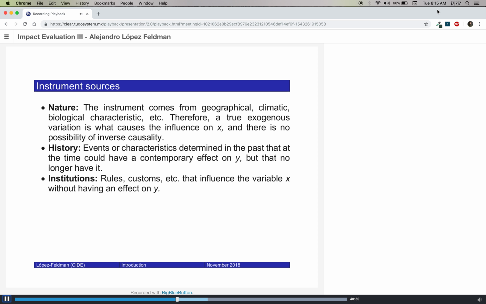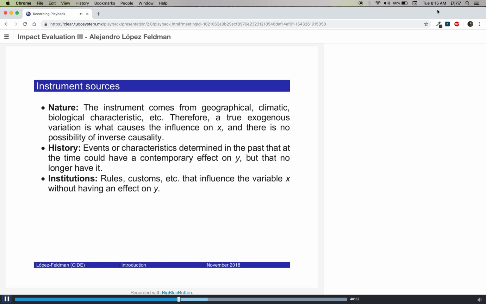This is a relationship of history and nature, because the biophysical characteristics of the land allow sowing specific crops. And also we have this historic aspect. There are some characteristics in the past that could have had an effect on y, but they no longer have an effect on y.